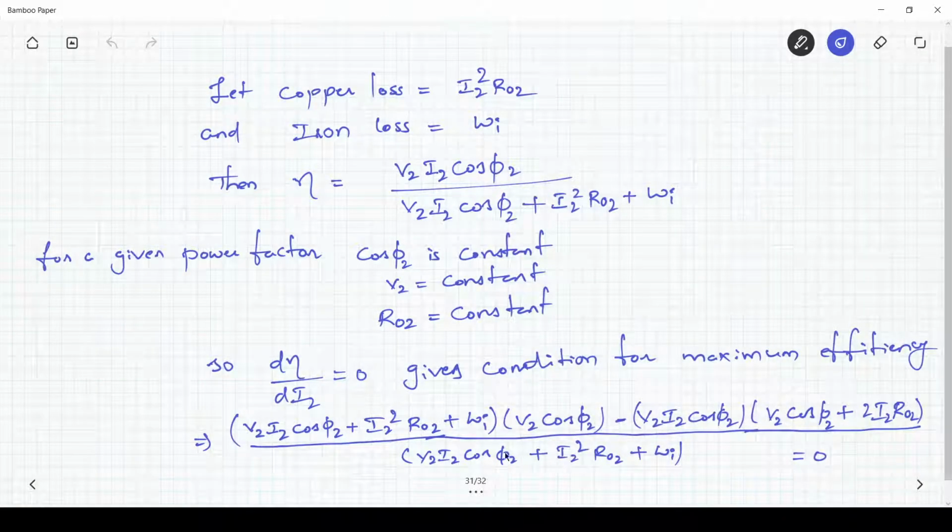See here, the denominator term v square becomes 0.